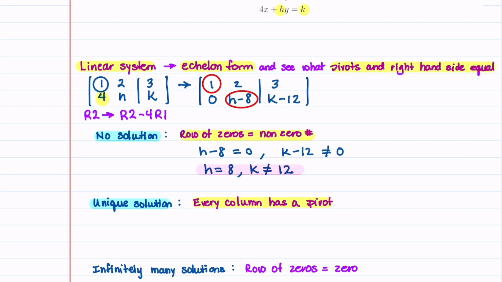We have to have every column have a pivot, so that means that h minus 8 cannot be equal to 0, and that will make sure that we have a pivot there. So this is going to mean that h is not equal to 8. And let's go ahead and highlight that.